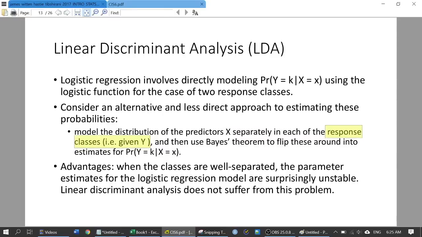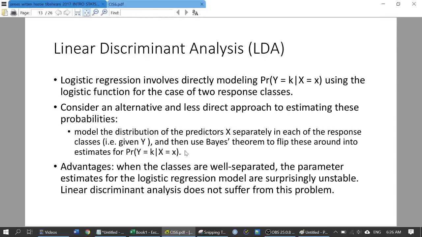So we will model the distribution of x for y equal to 1 and another distribution of x for y equal to 0. Then we use the Bayes theorem to flip this probability around to estimate the probability of y given x. So this is basically the definition of linear discriminant analysis.